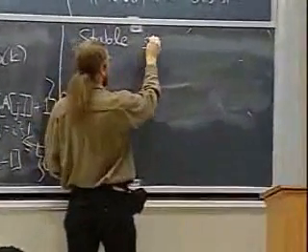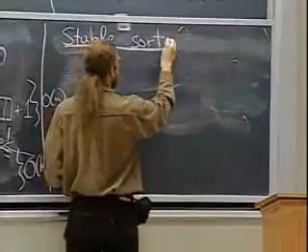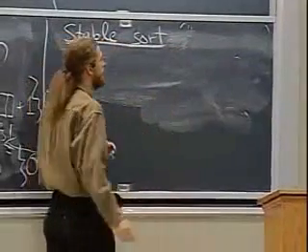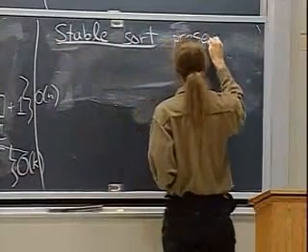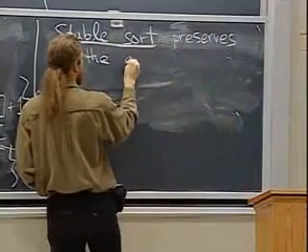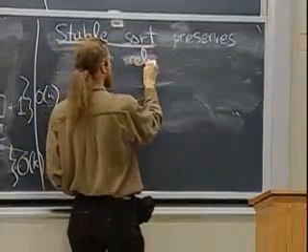And that important property is stability. So a stable sorting algorithm preserves the order of equal elements. Let's say the relative order.